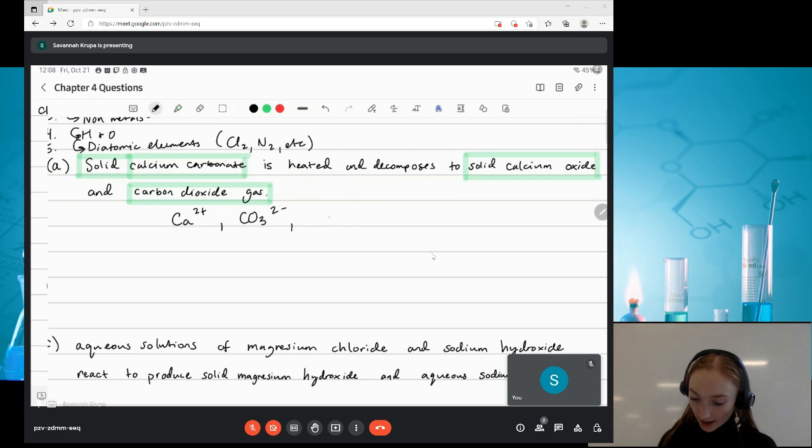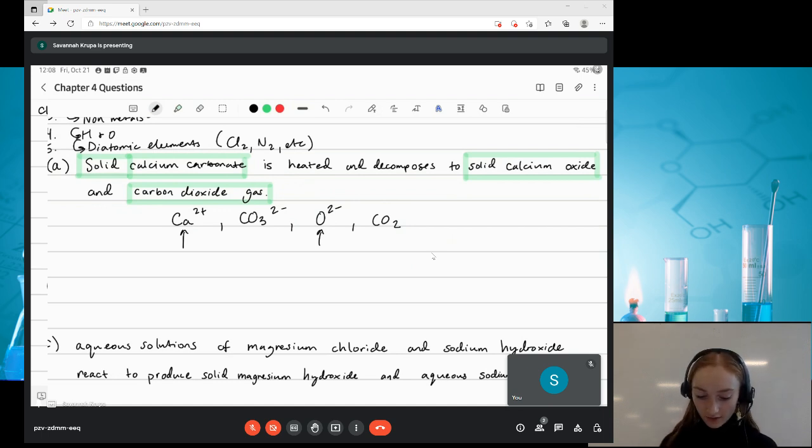So that has a calcium, and we already wrote that. And an oxide has an oxygen, which is a 2- charge. And then we have carbon dioxide gas. Carbon dioxide has oxygen too, but carbon dioxide is CO2, and that's already balanced. Many of us already know what carbon dioxide looks like.